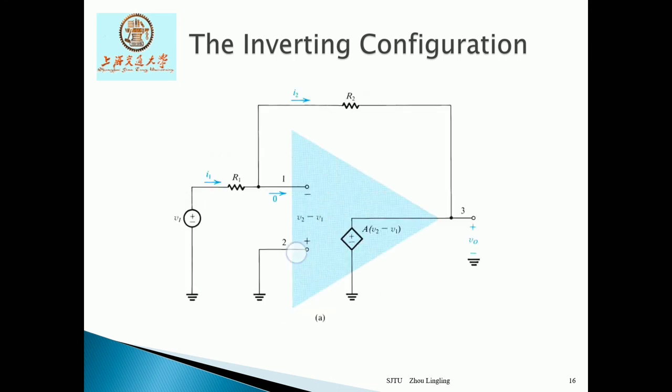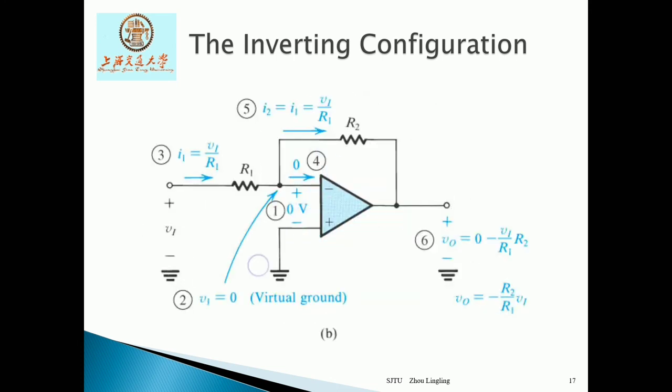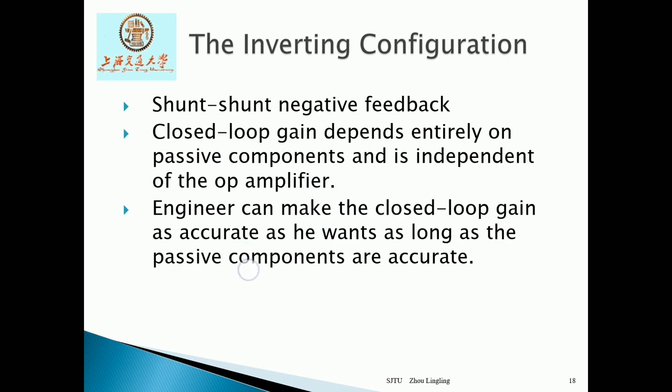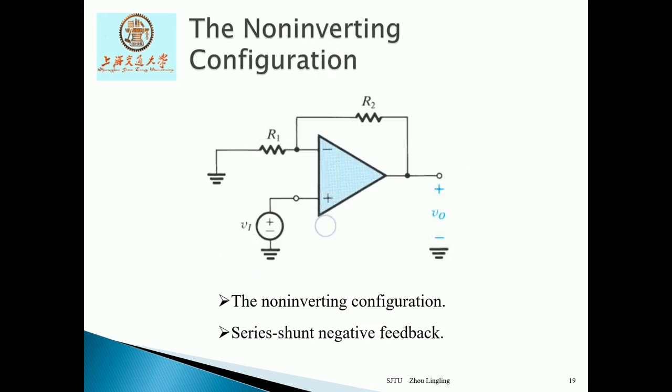The next configuration is the non-inverting configuration. If the signal is applied to the non-inverting input terminal, with feedback given as shown in the figure, the circuit amplifies without inverting the input signal. Such a circuit is called a non-inverting amplifier.